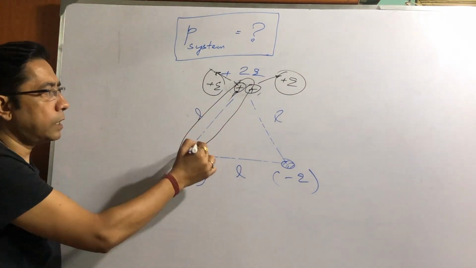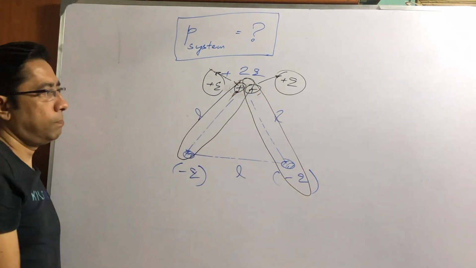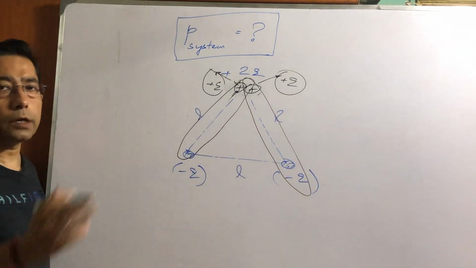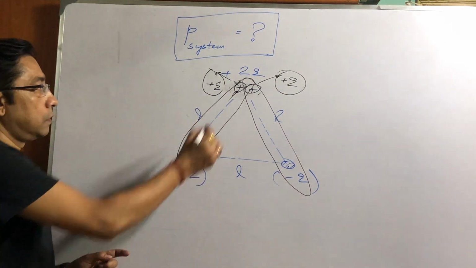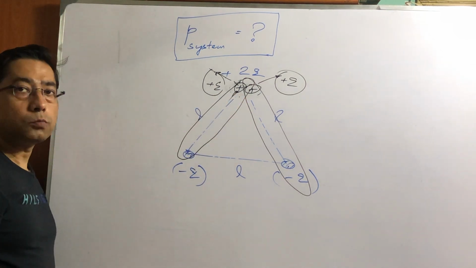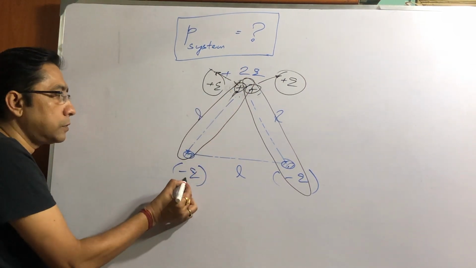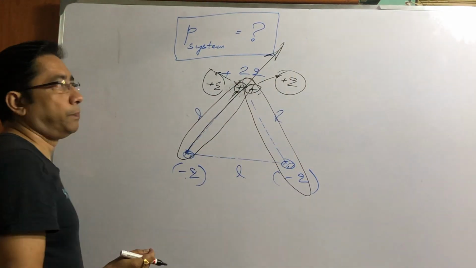Plus minus, one dipole. Another capsule, plus minus, another dipole. So there are two dipoles. Can you see it? So the dipole moment for this, minus charge to plus charge, minus q plus q, would be along this.